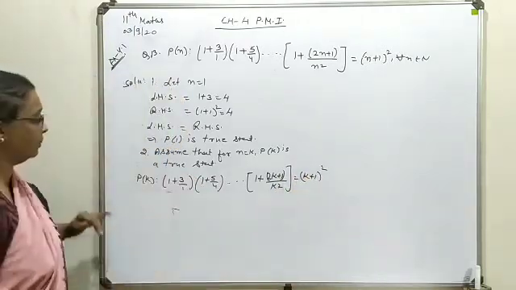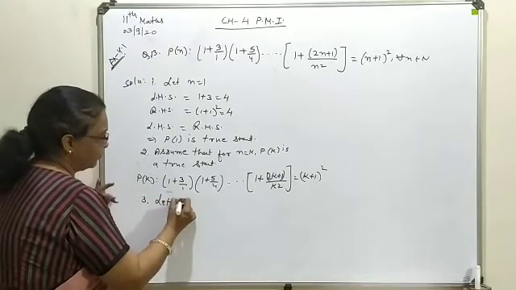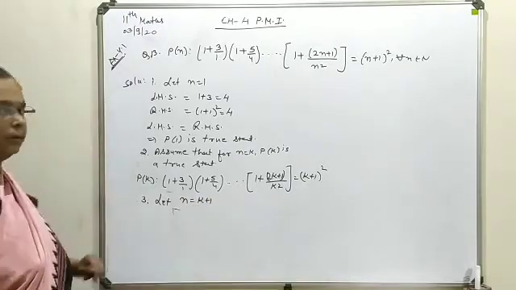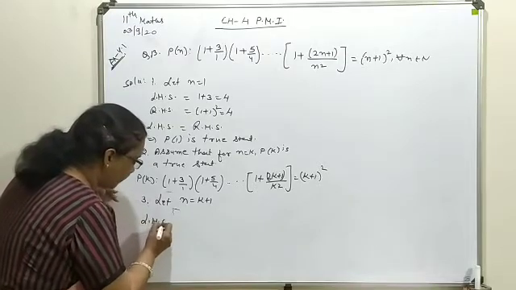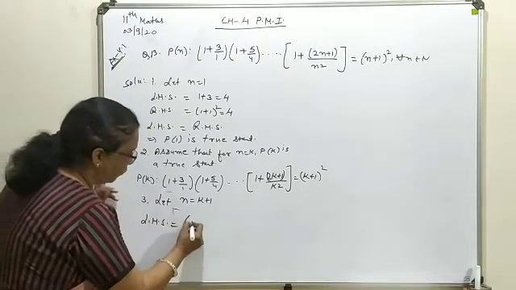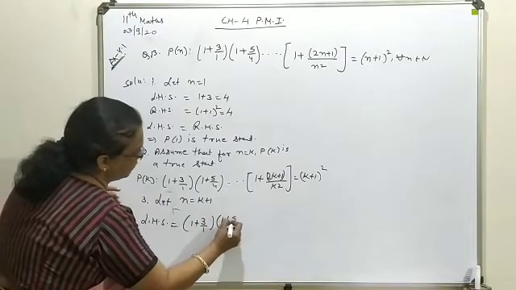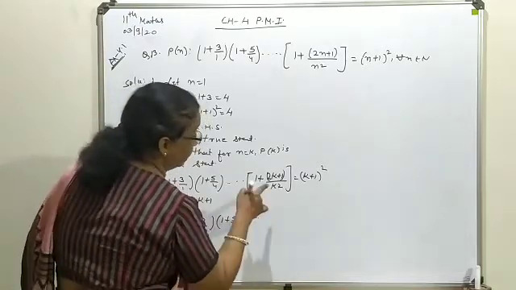Now the main step, let n is equal to k plus 1. So here on the left hand side you will pick up (1 plus 3 upon 1), (1 plus 5 by 4), and like that it is to be written in multiple form up to the kth term.